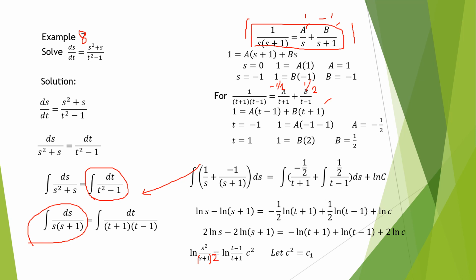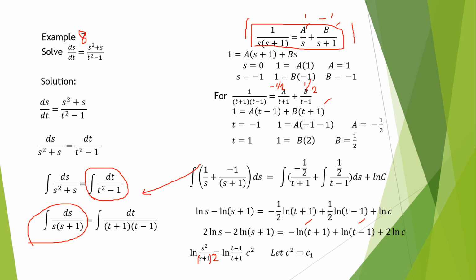This is a quotient. On the right side, it is ln of t minus 1 over t plus 1, which is a quotient again, plus 2 ln of c, which is ln of c squared. So this is a product and this is a quotient.